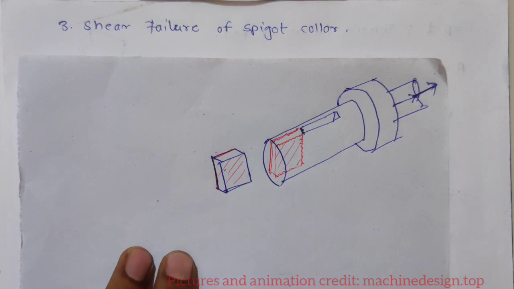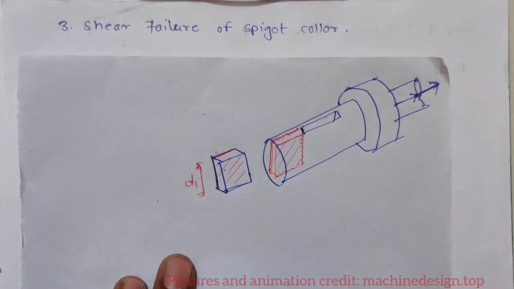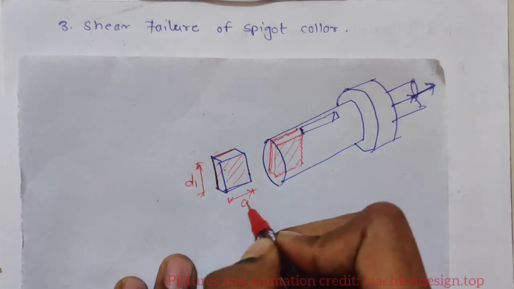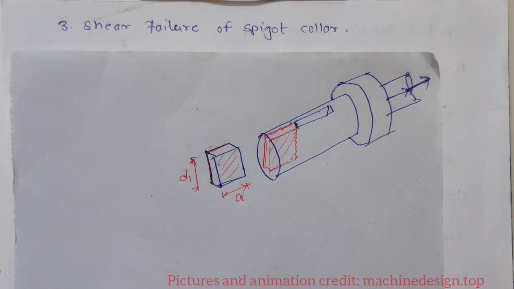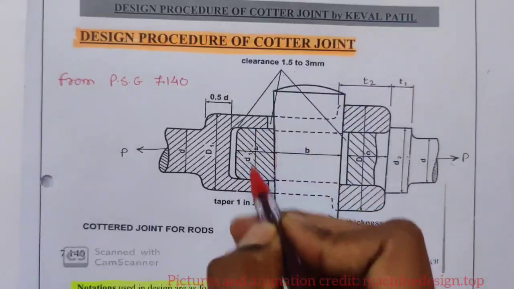Okay, so now we know the diameter. This diameter is d1, and this dimension is a. We have seen this here. This dimension is a. This is d1.